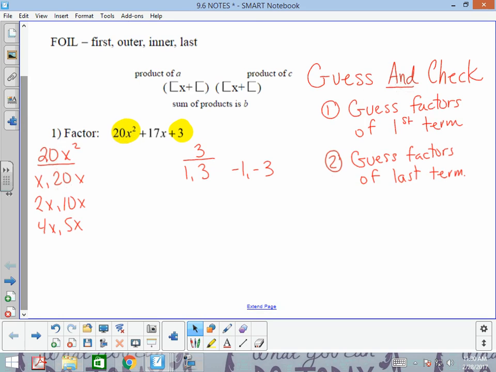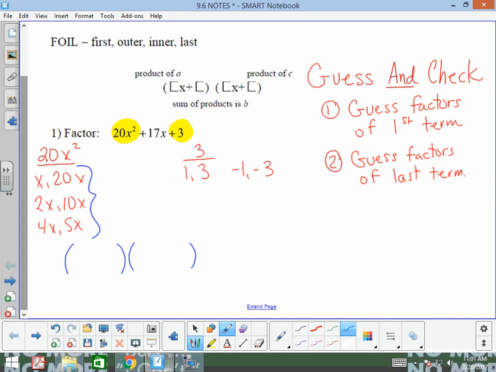So when we guess, it looks like this. We're going to pick one of these factors of 20x squared. I like starting with the two factors that are closest together, so let's start with 4x and 5x. It doesn't matter, I could have put the 5x here and the 4x over here.